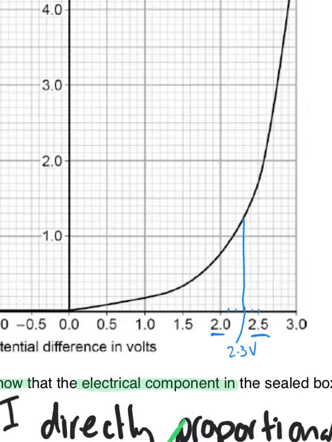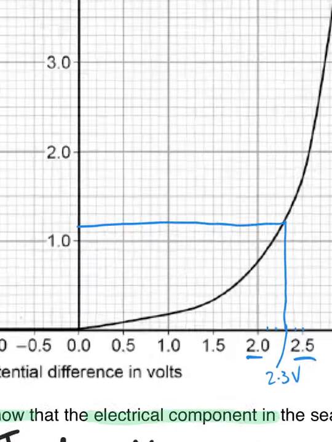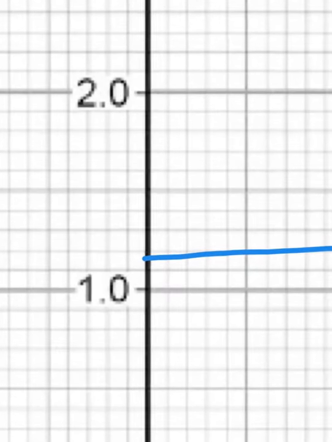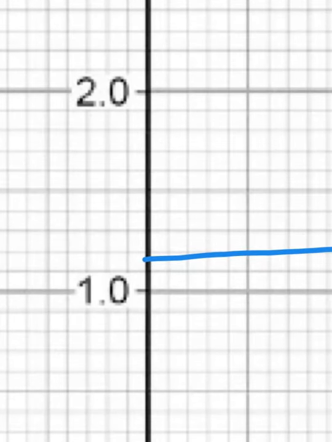To find the current at that line, well, I just follow the line where it meets, take it all the way across. So again, I'm going to be really deliberate in the way that I work this out. Obviously in your exam paper you can't zoom in like this, but you can count the dots easily. So I've got 1 here and 2 here, so this in the middle must be 1.5, bang in the middle.